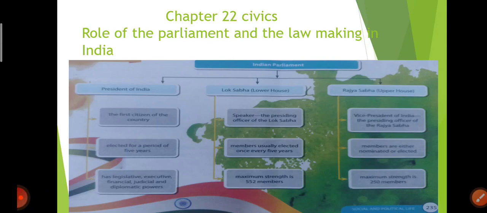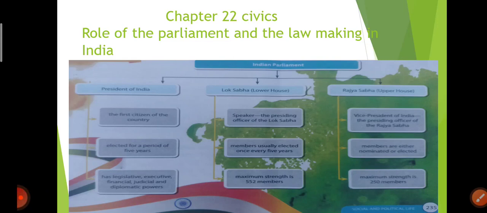Second reason, the consent of the citizens. The quest for participation in the democratic setup also meant the ability to elect representatives in a free and fair manner in the elections.